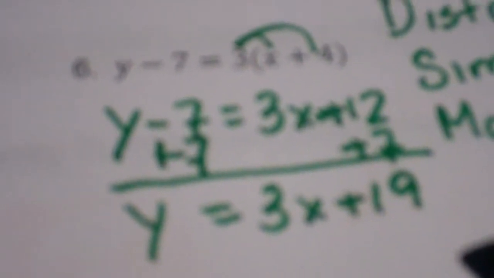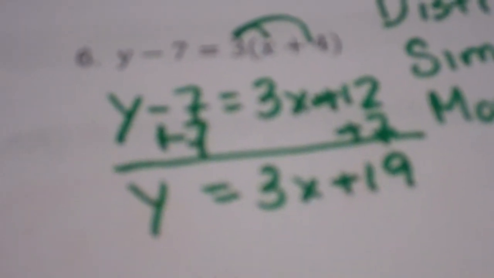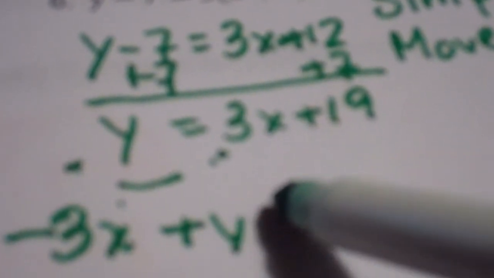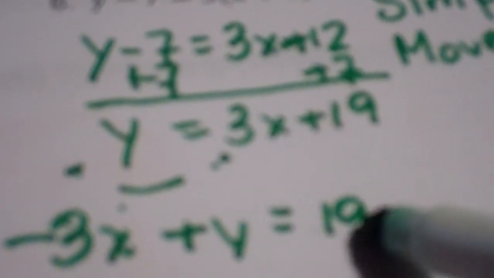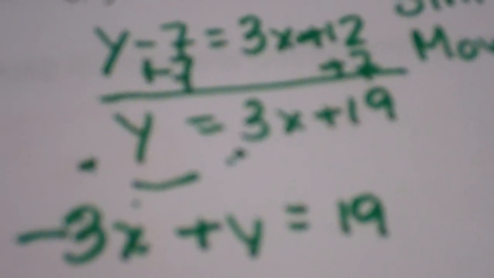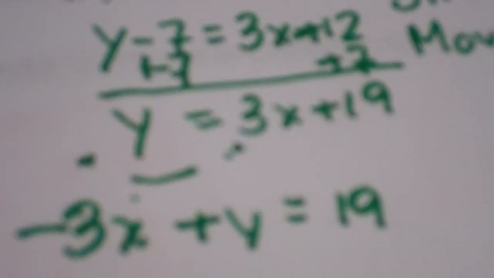Oh, well that's slope-intercept form. However, we're still working in standard form, so we're going to do the last step, move the x term over. Instead of positive 3, it's going to become negative 3x plus y equals 19. Not too bad. In this case, we didn't have any fractions to clear, so that was nice.